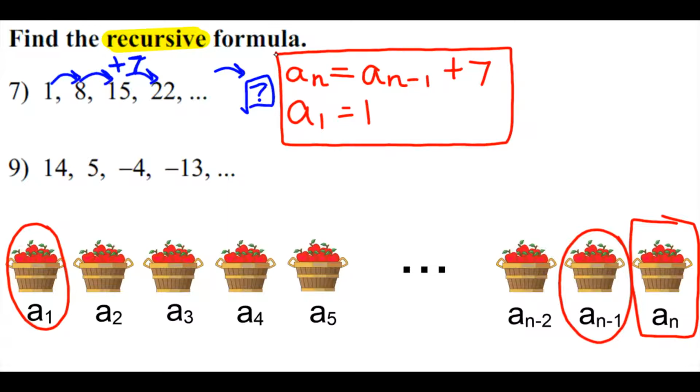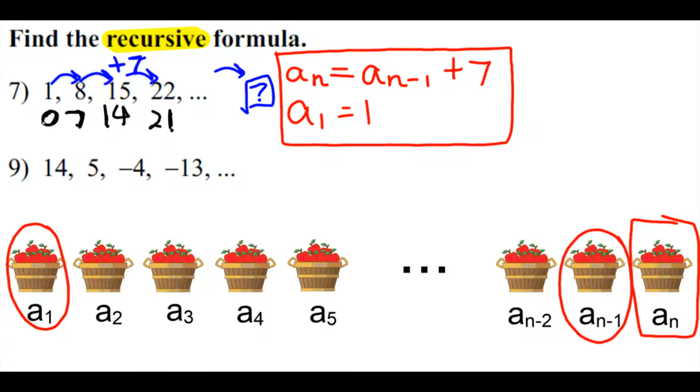If you didn't put that second statement, if you didn't say a_1 equals 1, then you might have a repeated answer. If I said 0, 7, 14, 21, oh my gosh, notice that's the same pattern. You're taking a number and adding 7, adding 7, adding 7.